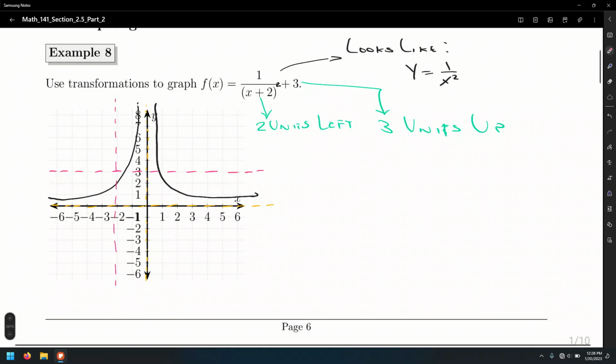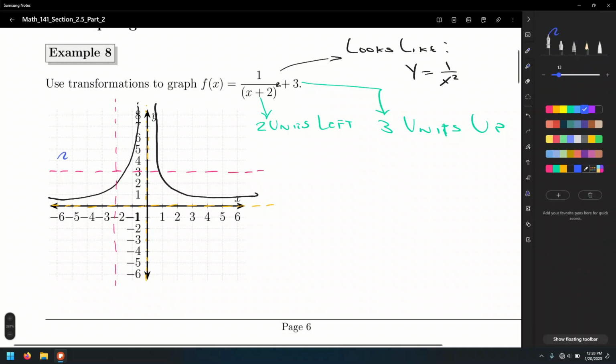And from here, I'm going to change colors and use blue. And there you go. That's our shifted graph. Same concept, same transformations and shiftings, but in this case we're just focusing on rational functions.